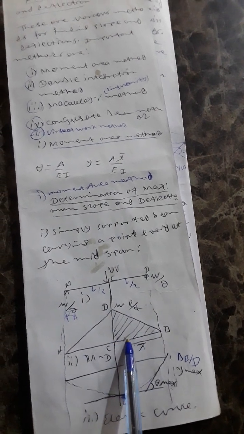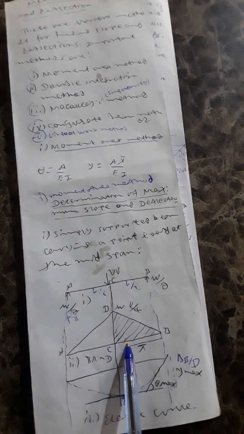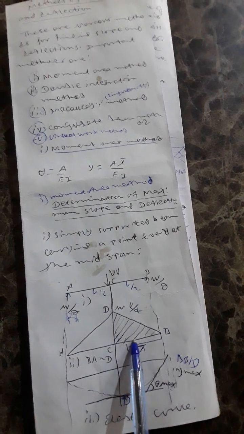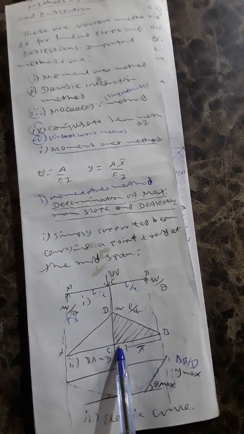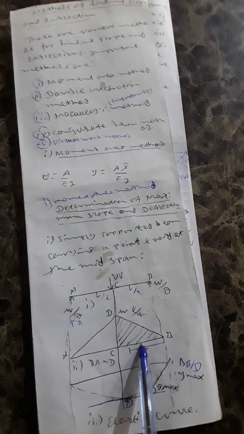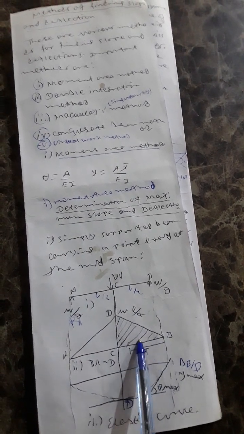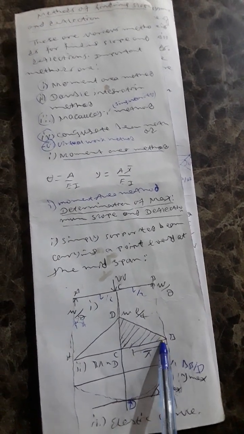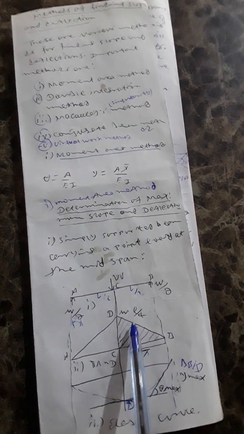From this to this is 2 over 3 of L over 2, and from this to this is 1 over 3 of L over 2, so the total is L over 2. So this is 2 over 3 of L over 2 times the area of this.